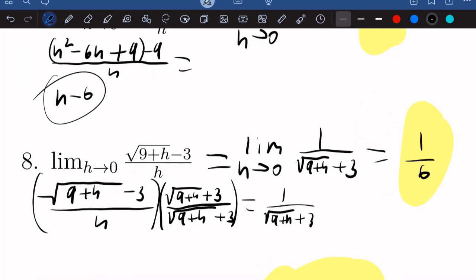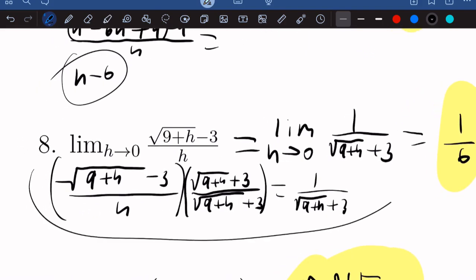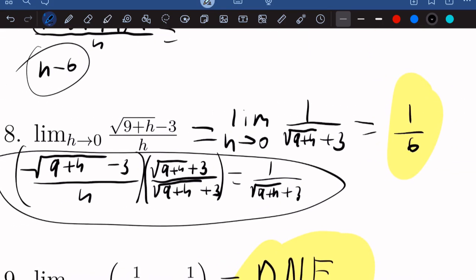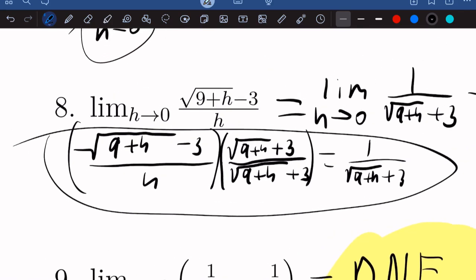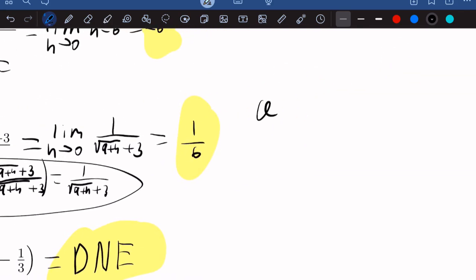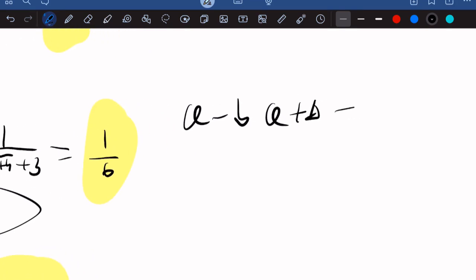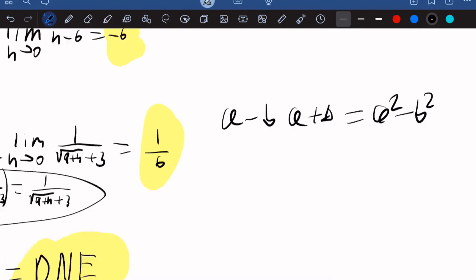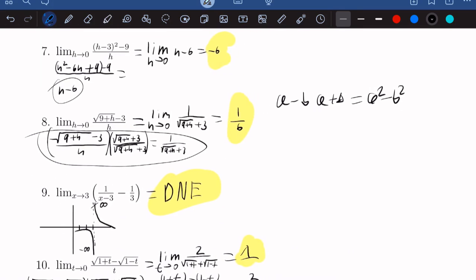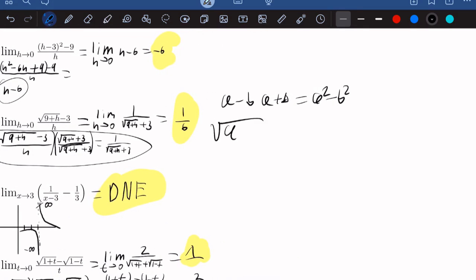This one, you multiply by the conjugate. I did my work under again, and then I wrote one limit. The trick for these is to recognize that a minus b times a plus b is equal to a squared minus b squared. So in the context of number 8, it would be the square root of 9 plus h minus 3 times the square root of 9 plus h plus 3.